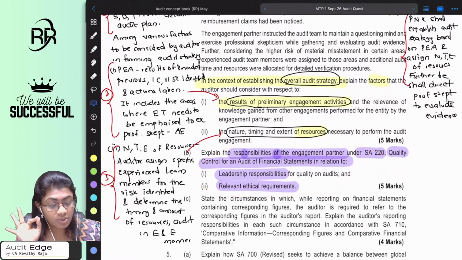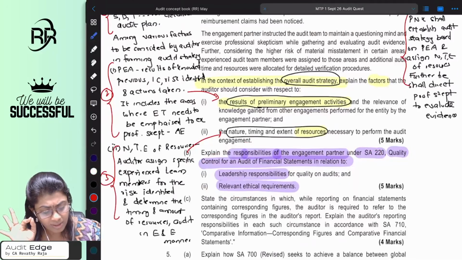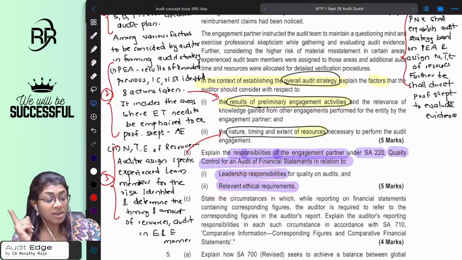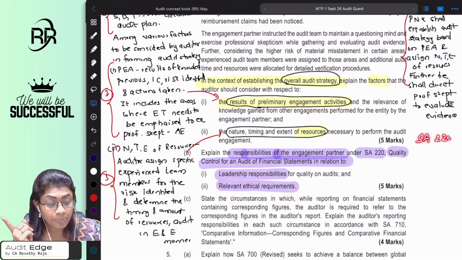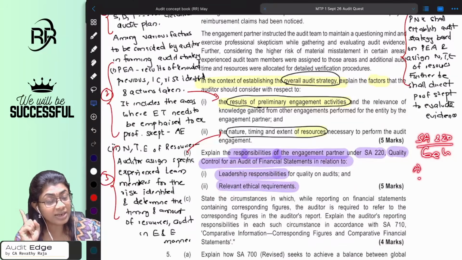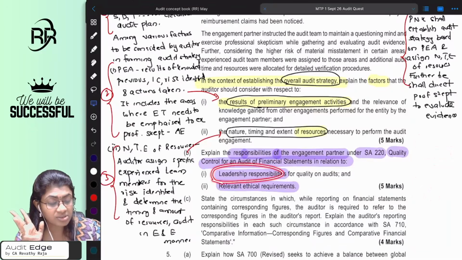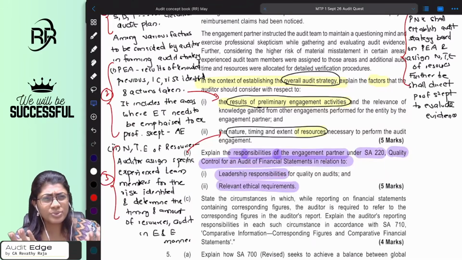Here they are asking you to explain the direct one, leadership and ethical requirements. In SA 220, you have 6 elements for quality control: acceptance and continuation of client relationship, assignment of engagement team, ethical requirements, leadership, monitoring, and engagement team performance, of which they are asking you to explain leadership and ethical requirements. So it's a direct question.